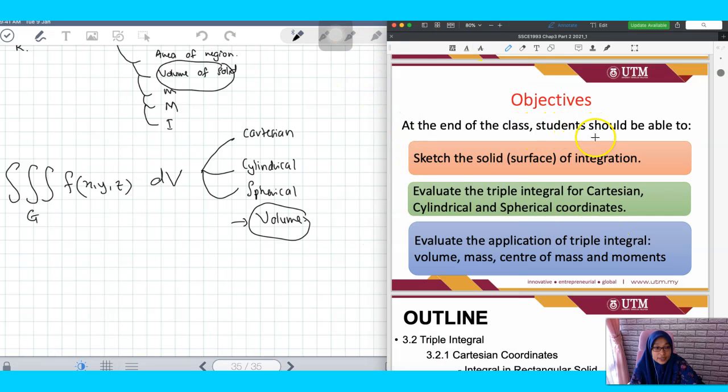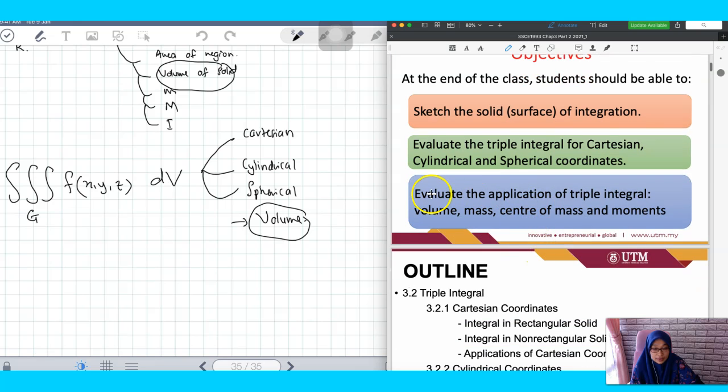So what is our objective in this part? First, you have to know how to sketch a solid, that is a must, as it is a continuation from chapter 1. Second, we want to evaluate the triple integral in Cartesian, cylindrical and spherical, as I mentioned. The third is the application: we can use the triple integral to evaluate the volume.